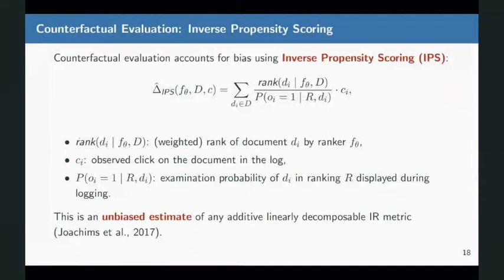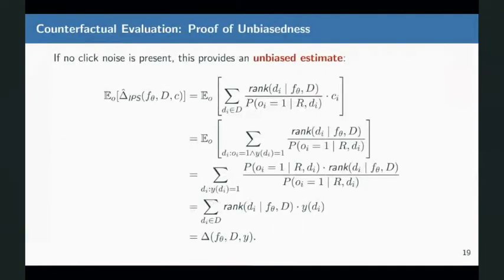We can prove it quite easily. I'm doing the same trick I did before. I'm taking the expectation over this estimator, where we take the expectation over this probability of observance, this observance variable. The same thing happens. We can rewrite this sum as the sum over all the documents that were observed and relevant.